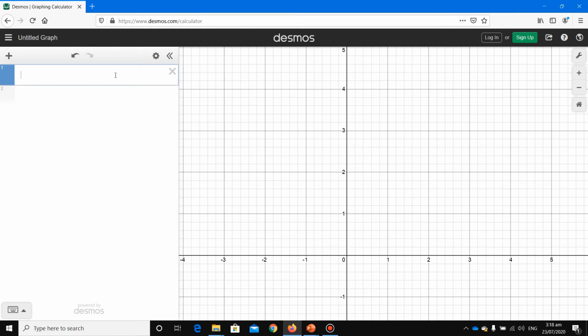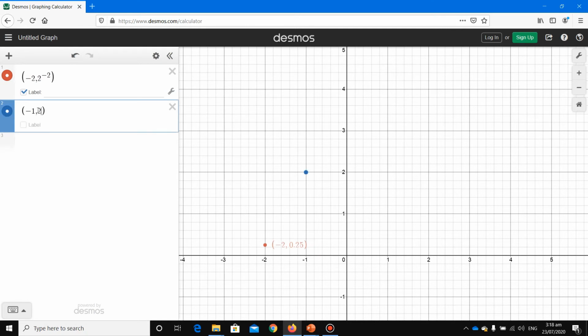So instead of just typing the function, let's plot our points. So if we have x equals -2 and we raise 2 to -2, that is this point, -2, 0.25. Next, if x equals -1, so 2 raised to -1, that is this point, -1, 0.5.